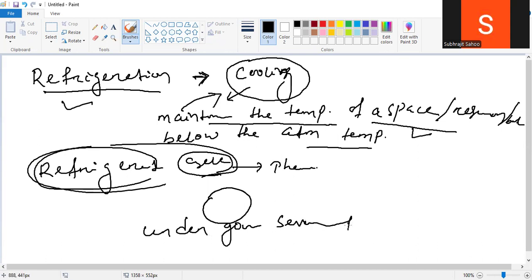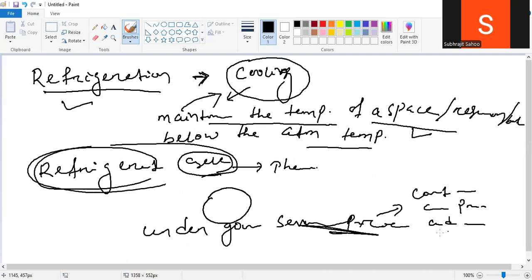Again, sir, what are the processes? I told you, that's why thermodynamics is very important. Processes may be constant temperature processes, constant pressure processes, adiabatic processes, isentropic processes, or constant volume processes.